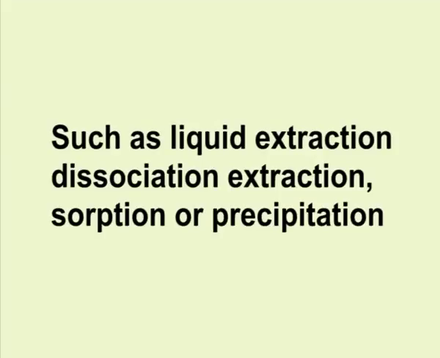Where the material is extracellularly available, or if it has been obtained by leaching with or without cell disruption, then it is treated by one of the following methods, such as liquid extraction, dissociation extraction, sorption, or precipitation.